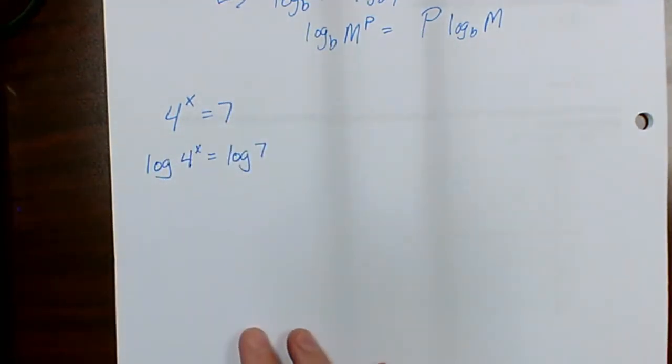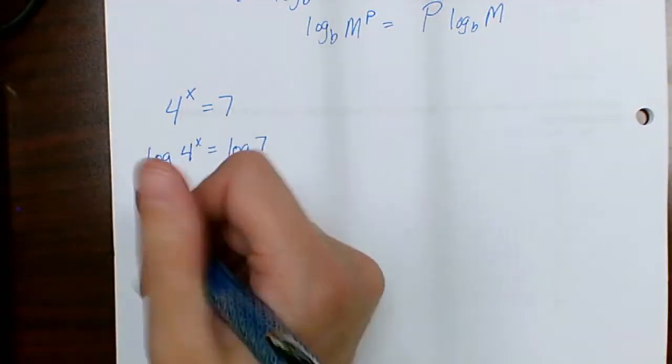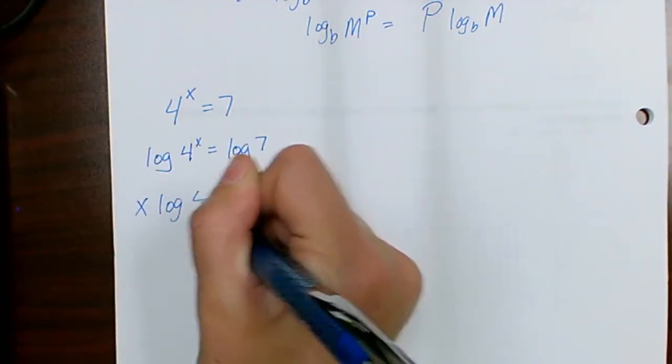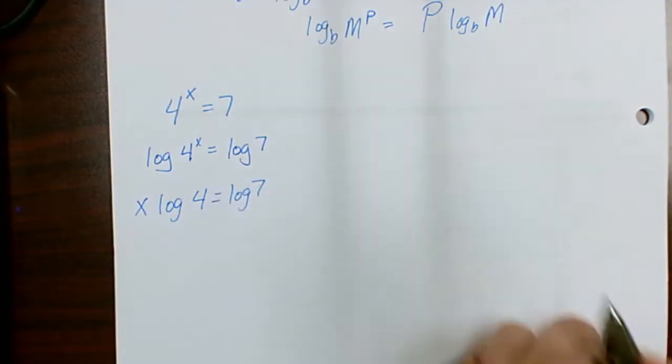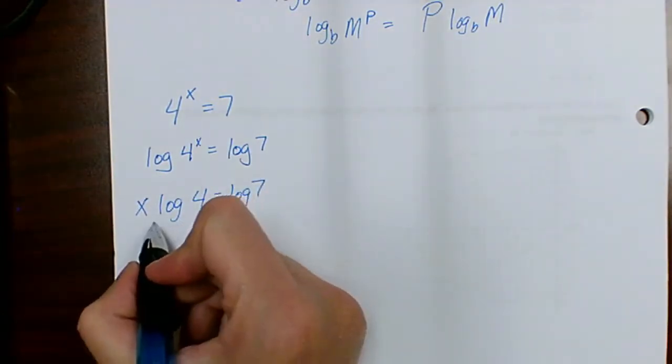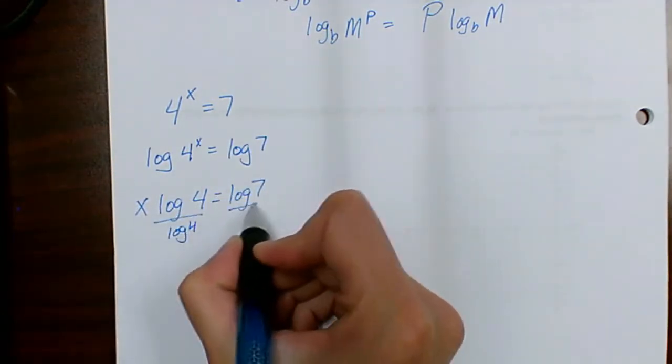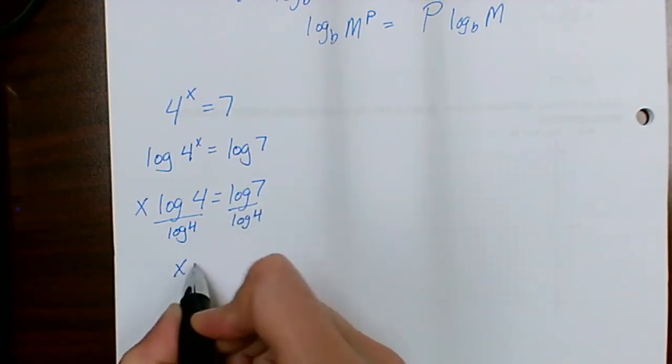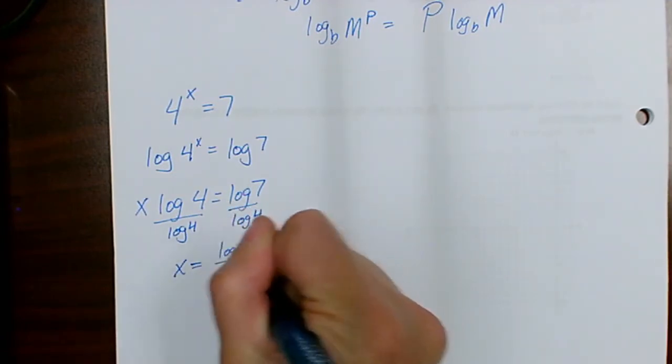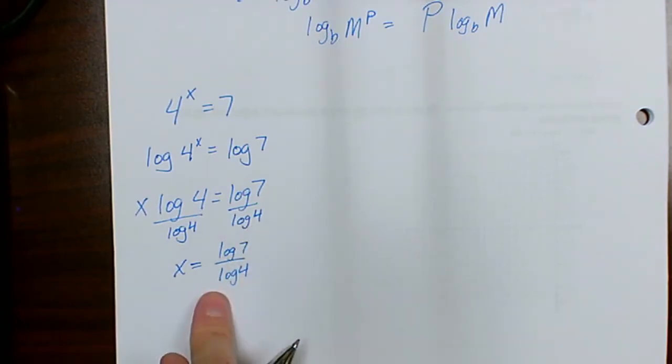You could even natural log both sides, but we're going to log both sides, and then we'll knock x off its high horse. So now it's a coefficient. We're going to divide by log 4. So x equals log 7 over log 4, which is the exact answer.